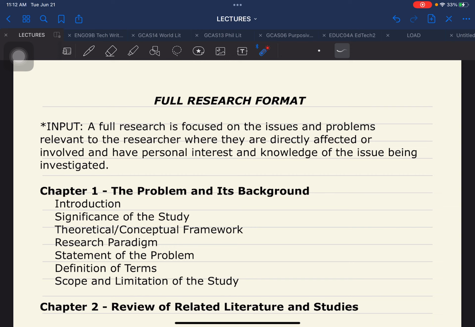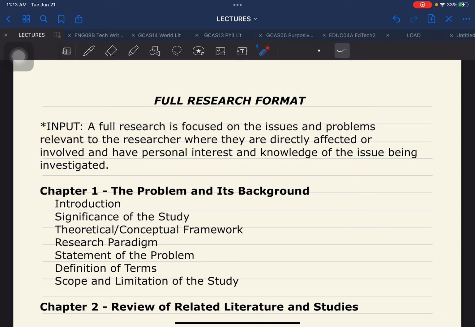And then the next one, they have personal interest and knowledge of the issue being investigated. So these are included in the characteristic of a study that you need to propose, that you should have personal knowledge and interest of the issue being investigated. Okay, so basically this is already the idea and concept behind a full research format in terms of the input.